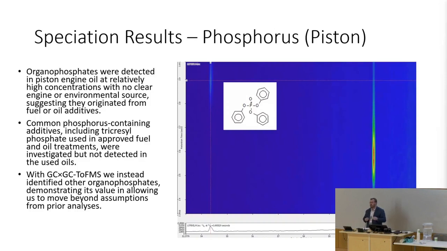Or maybe that's just me with my biases towards that particular compound class. But we think, we don't know, we haven't confirmed it with standards, but we think that it's a tert-butyl phenyl diphenyl phosphate. We don't know exactly what additive this comes from yet. It's still, again, one of those things that's not really great for people, but it's not necessarily as bad as some of those TCP isomers. So that's probably a good thing from an exposure perspective as well.